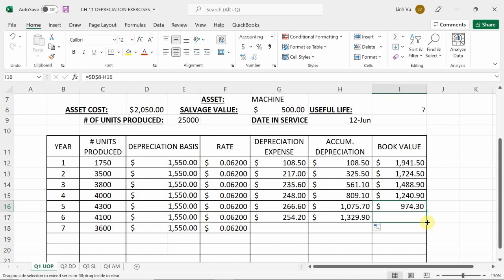Okay, and minus 2,050. Okay. 2,050.500 minus 1,329.90. Okay, so I got 720.1.